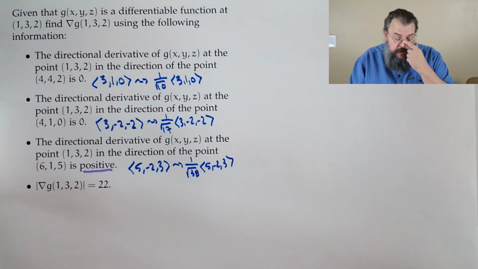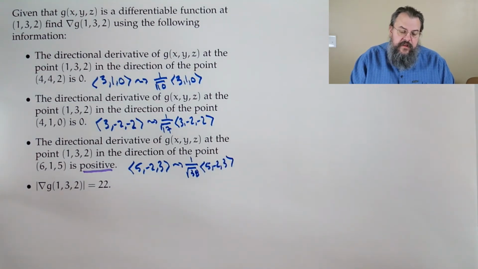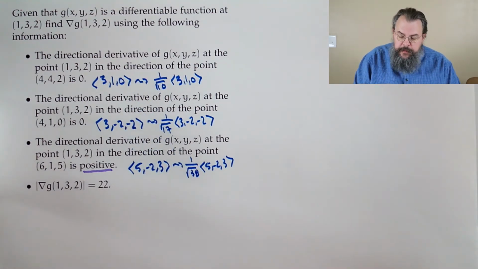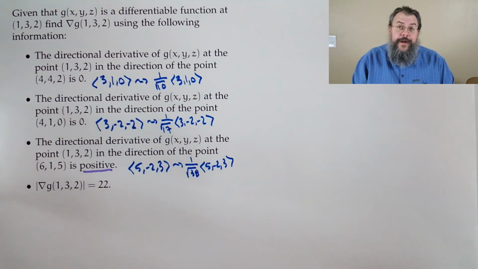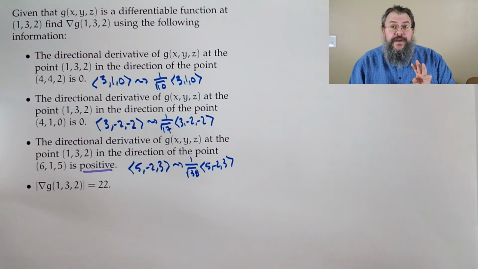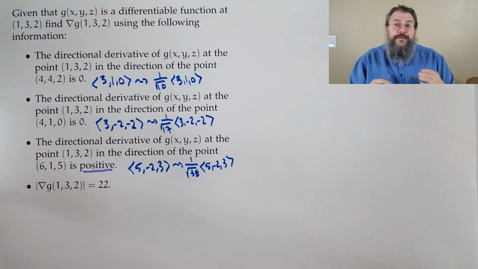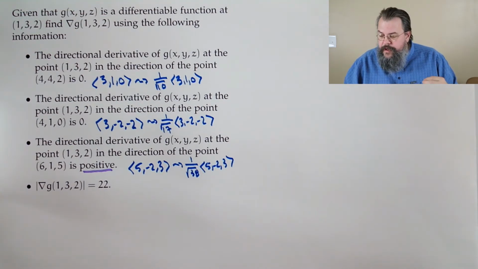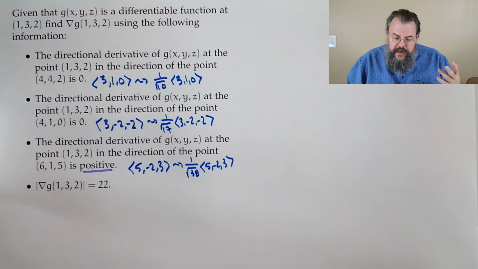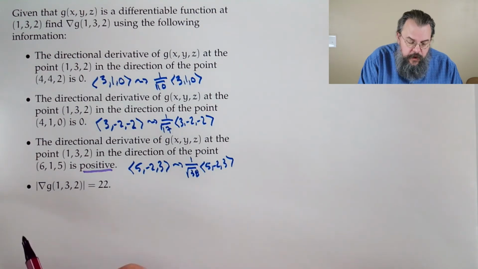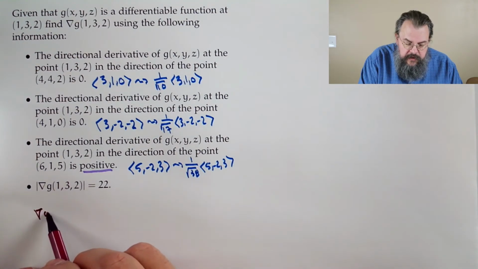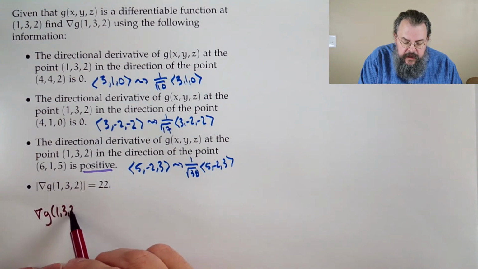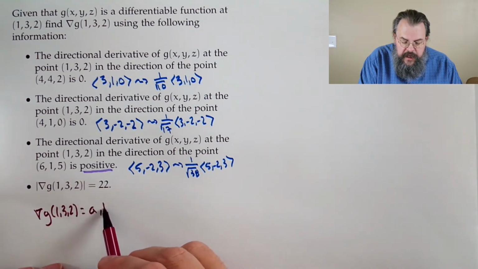All right, there we go. So let's start with the first couple bullet points. Now, we're looking for our gradient. We know it's going to have 3 entries. The reason we know it's going to have 3 entries is it's a 3-dimensional problem, g of x, y, z. So let's let our gradient that we're trying to find look like something of the form a, b, c.